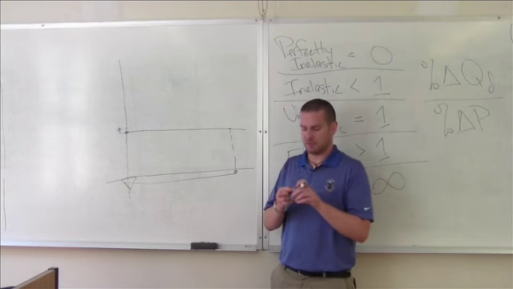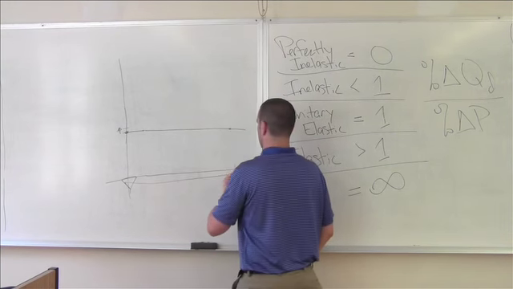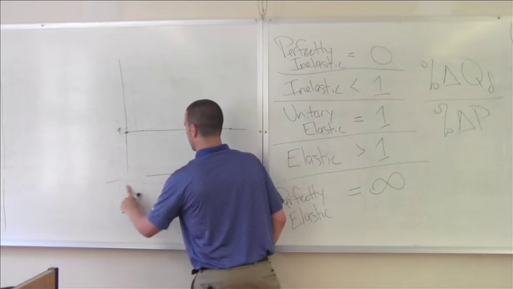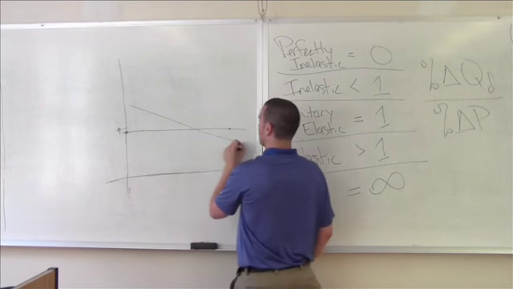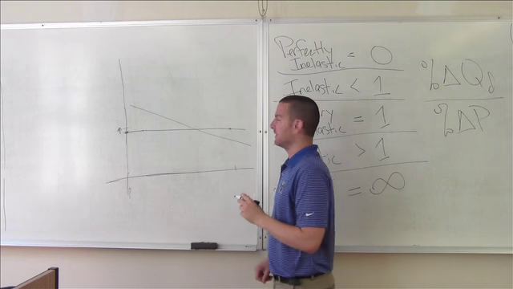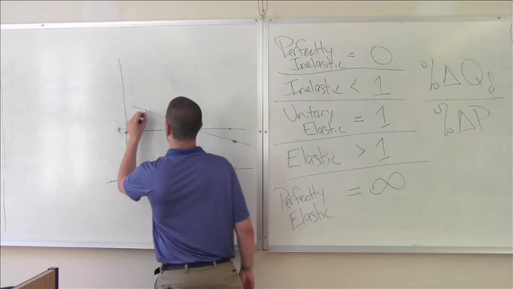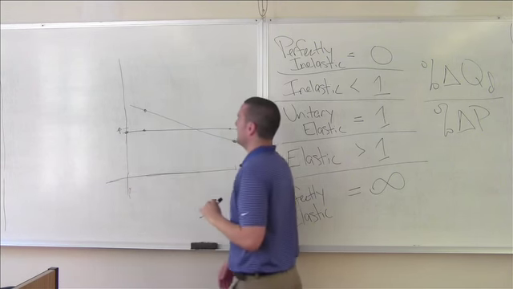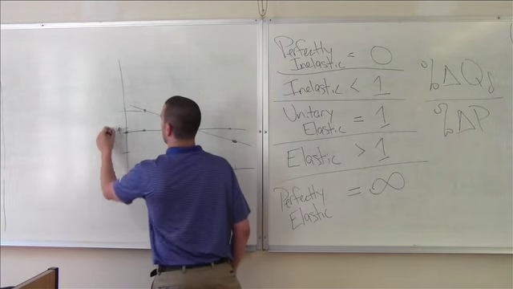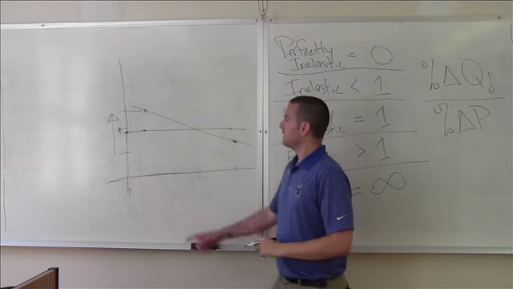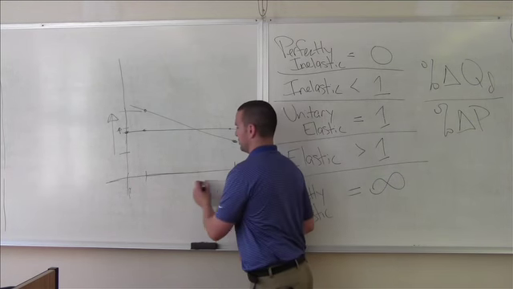And sometimes it helps for students to see it when I place one over the other. This is an elastic demand curve. With an elastic demand, there was a small change in price, and the quantity had a huge change.